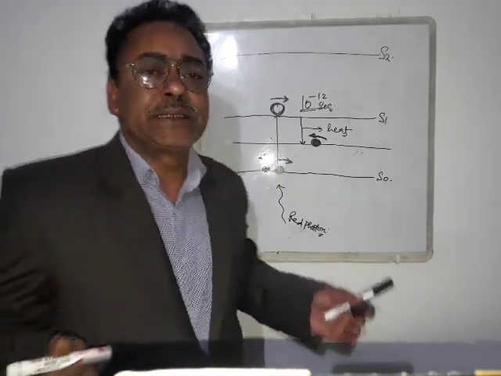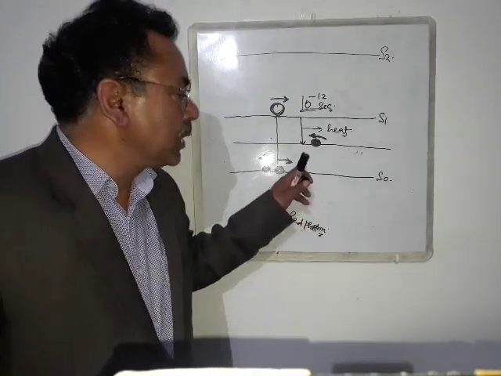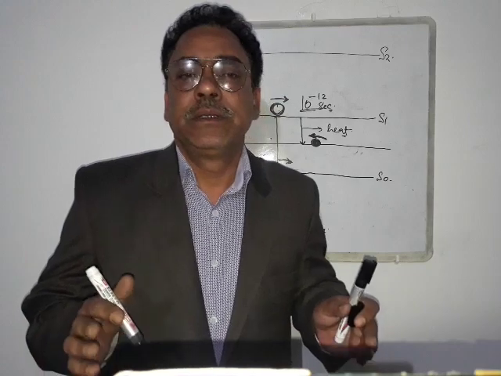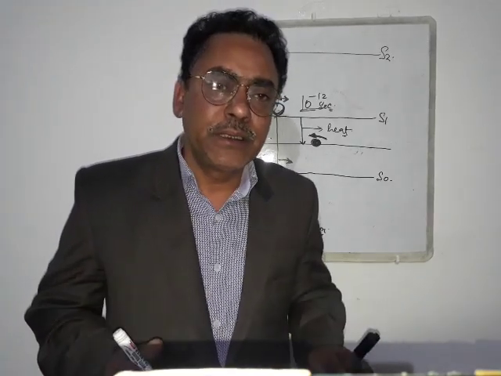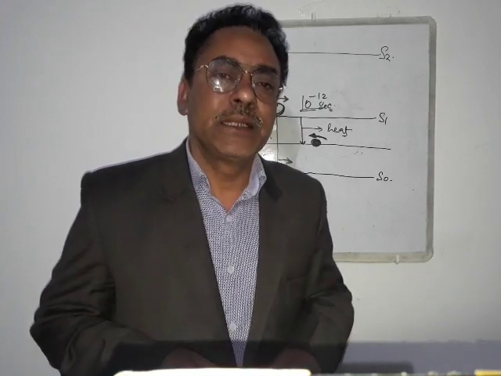So the spins will be parallel, and these cannot be accommodated here because no two electrons can be present in the same energy level that have same spins or parallel spins.